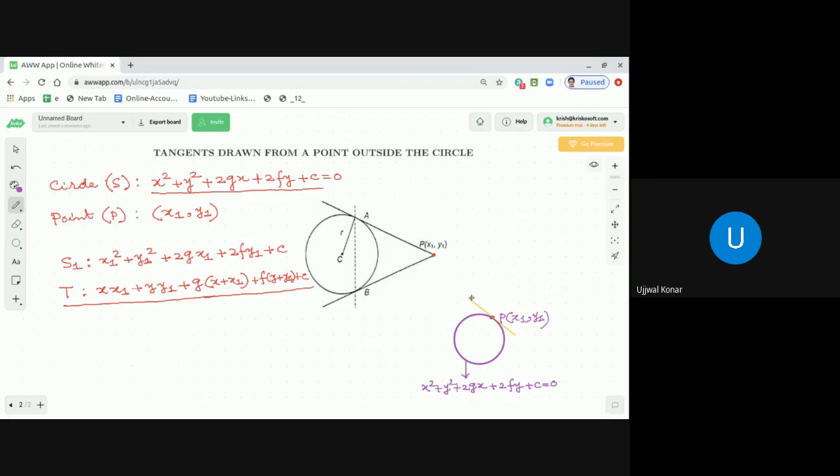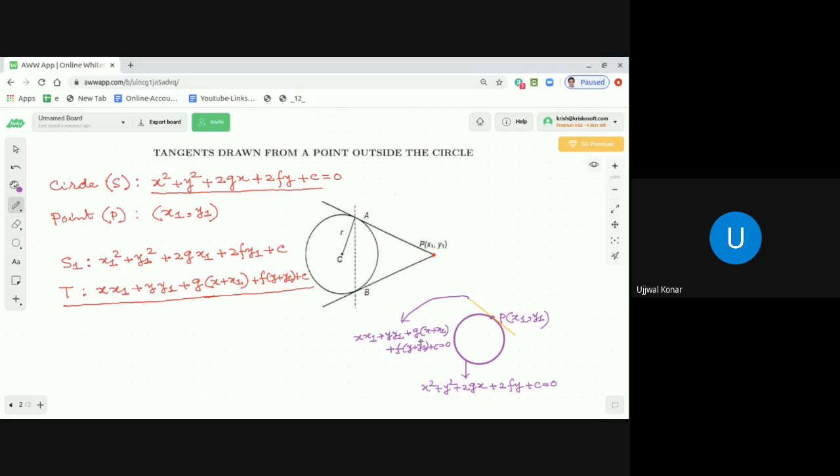So what is the equation of the tangent then? If you recall, dear students, let me write it down. The equation of the tangent will be x into x1 plus y into y1 plus g into (x plus x1) plus f into (y plus y1) plus c is equal to 0. That is the equation of the tangent.